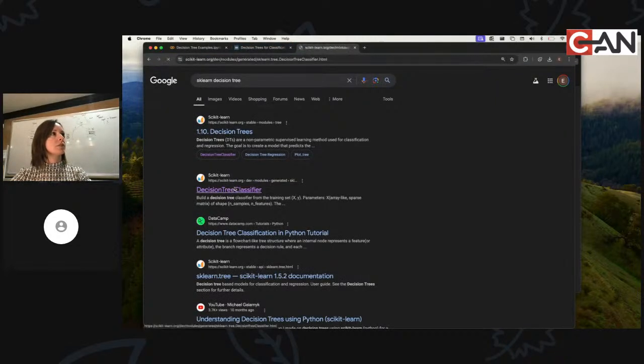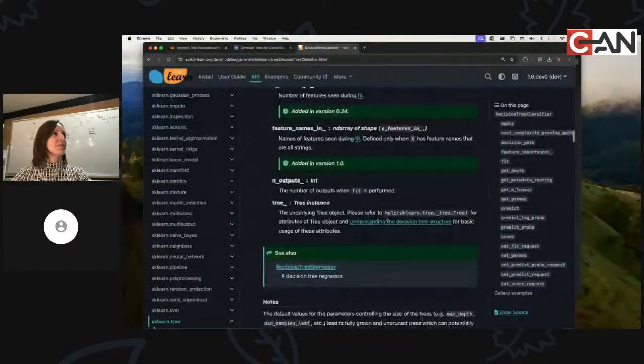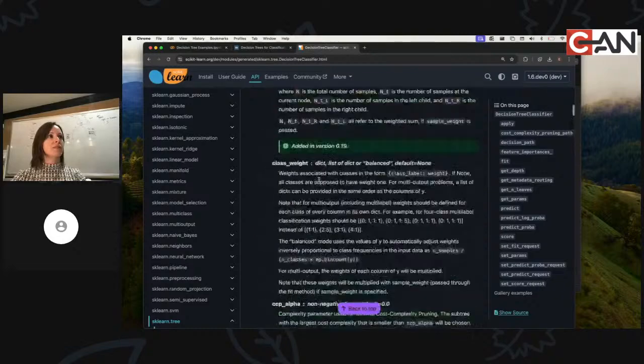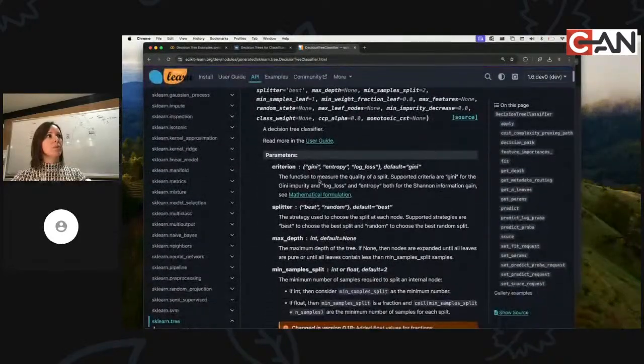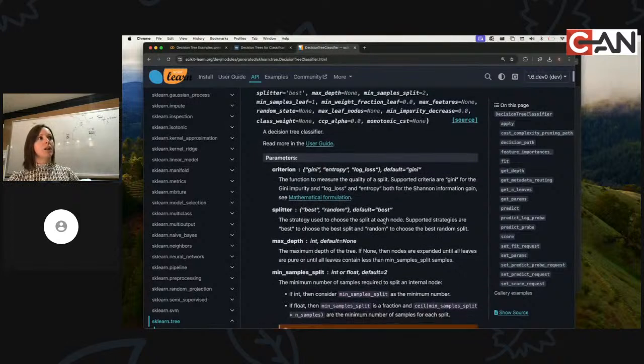I apologize. I realized we hadn't talked about ensembles yet, and that's when I realized that I was on the wrong thing. You can import your decision tree classifier from sklearn.tree. You can create your decision tree classifier, and then you can pass it to some sort of predict function. In this case, they're doing cross-validation. But these are the parameters that you can change on your model.